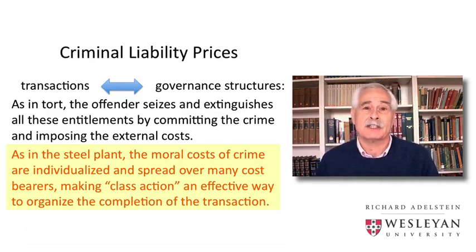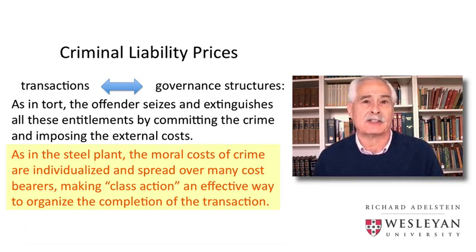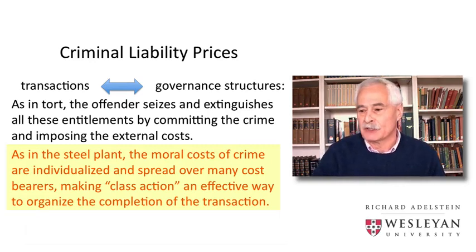So, as we've suggested, in criminal cases, the state takes the role of our attorney entrepreneur in the tortious class action situation. The state acts as an agent, that is, acts in the name of the many cost bearers whom the legislature has given that initial criminal entitlement to.